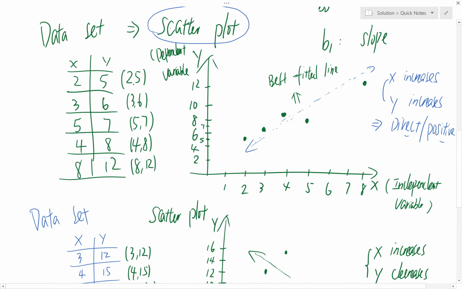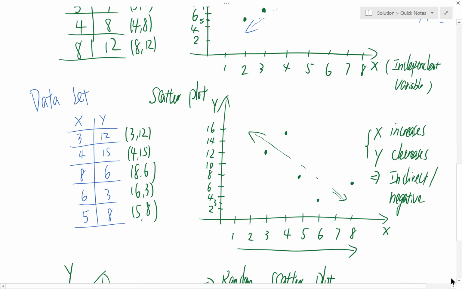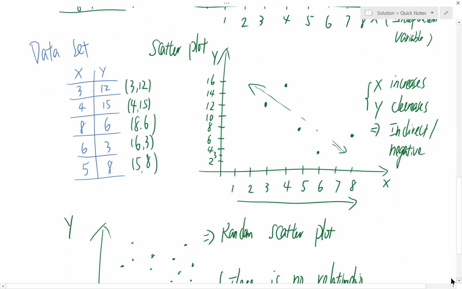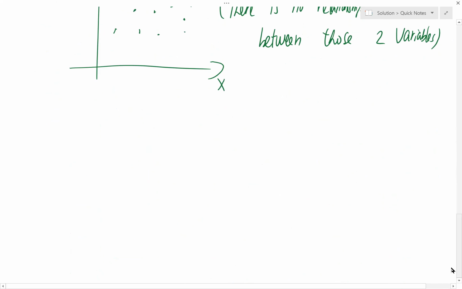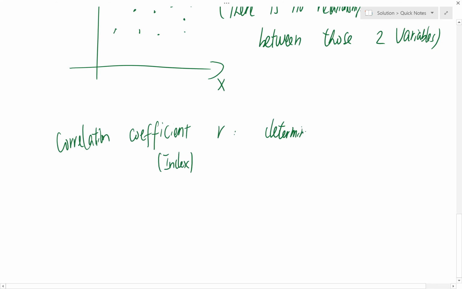And how do we make a determination of that? We use this particular statistic we call the correlation coefficient, R. This is the index we utilize to determine the strength and the direction of the relationship.